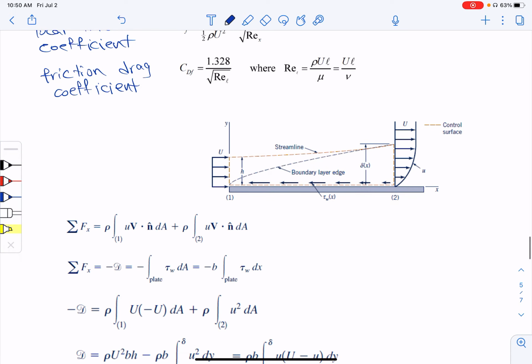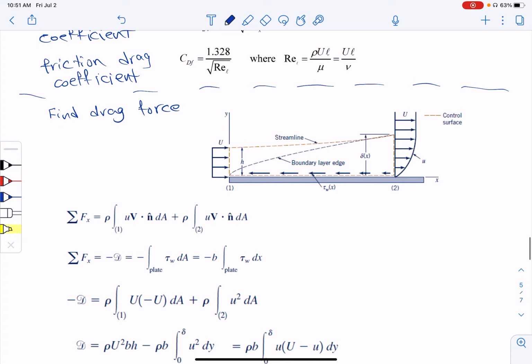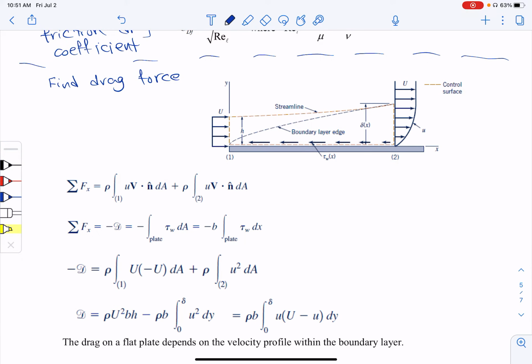Now let's find the drag force caused by the fluid interacting with the body. So for finding drag force, we are going to use the conservation of mass and the conservation of momentum.